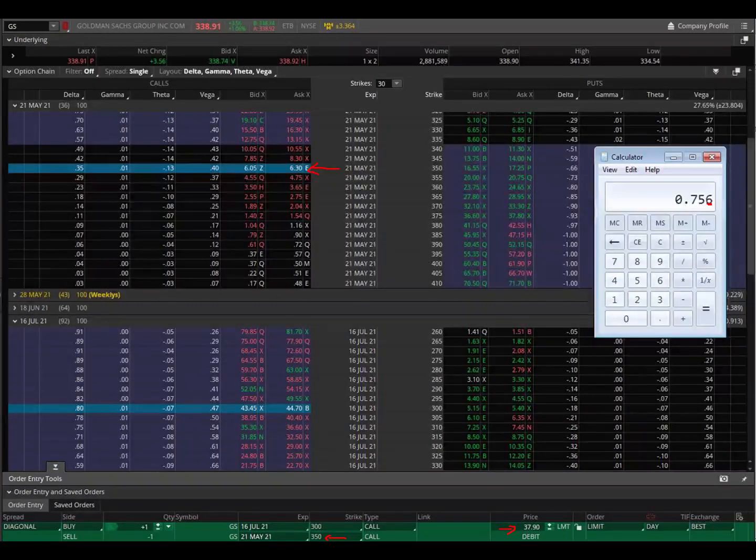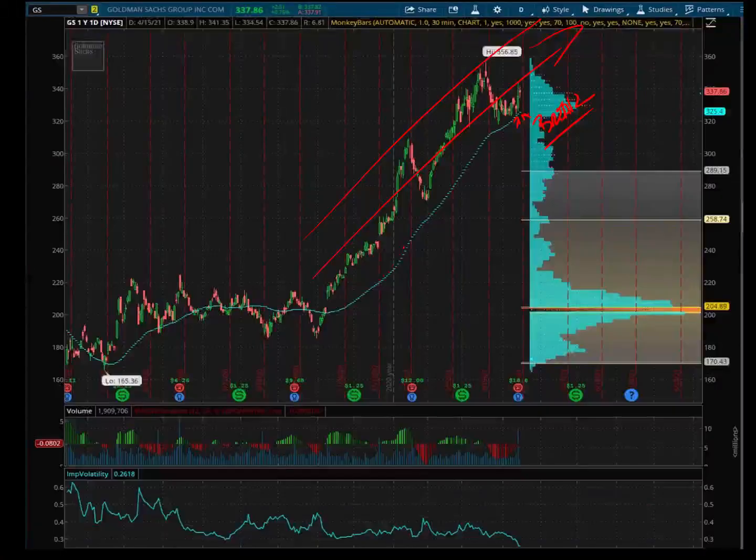And if we break my simple moving average, somewhere right in here, I'm out to the downside. All right, so I've got my outs. Write those things down when you're setting it up so that you hold yourself accountable. Otherwise, you'll have a tendency to fudge a little bit.